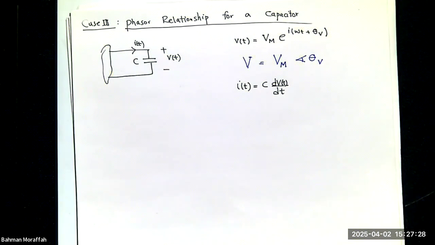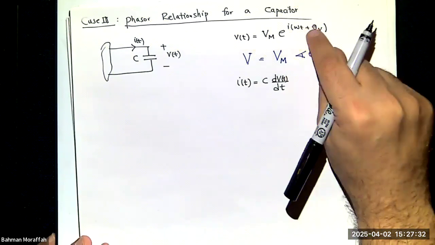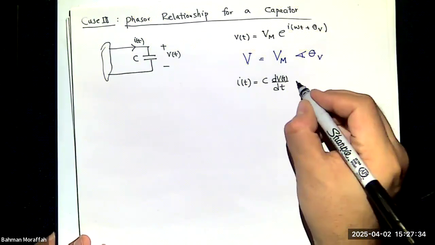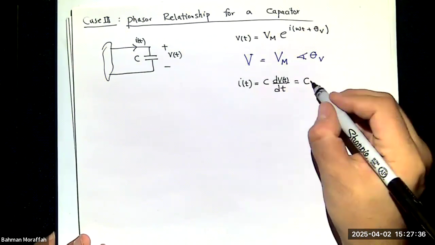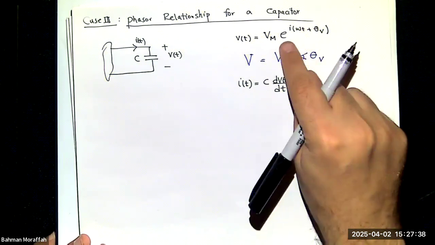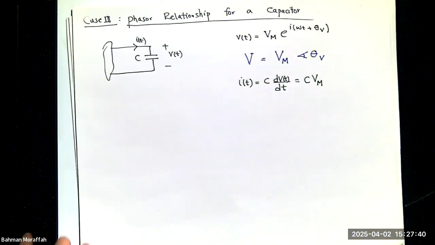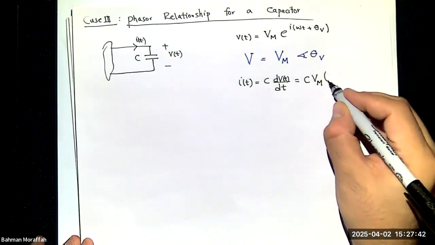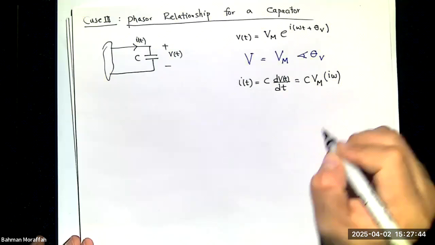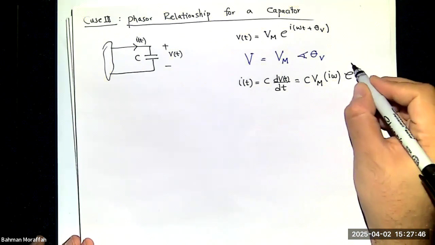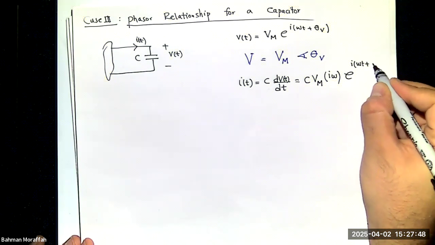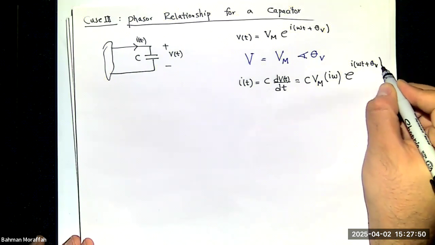So if I wanted to compute this, what do I need to do? I need to take the derivative of this. So I have C times Vm. What is the derivative of this exponential? Again, I have the derivative of the exponent, which is I omega, times e to the I omega t plus theta.